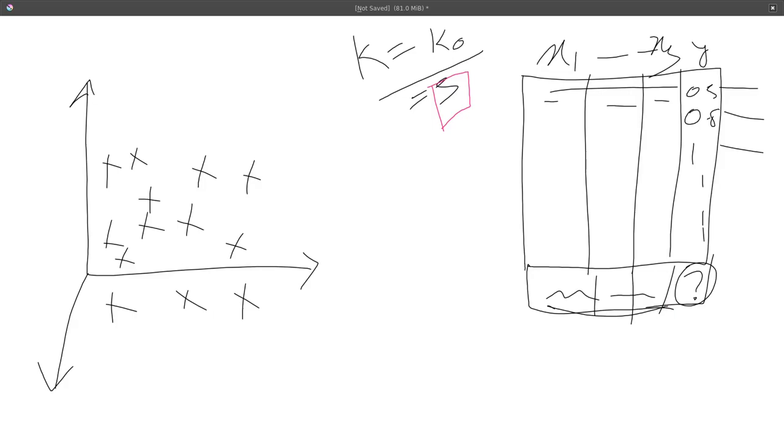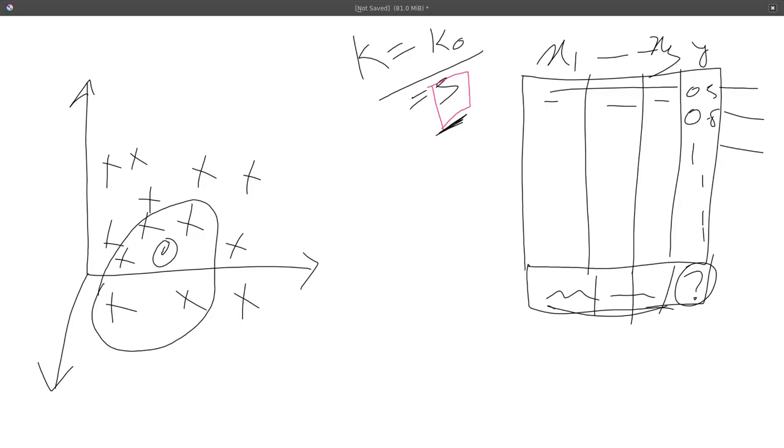Let's say it lies somewhere here. This is the target point. Again we have the value of k as 5. We'll find the 5 nearest points to this target point, and I can visually assume that these 5 points are the closest. Again, this works for both Manhattan and Euclidean distance.